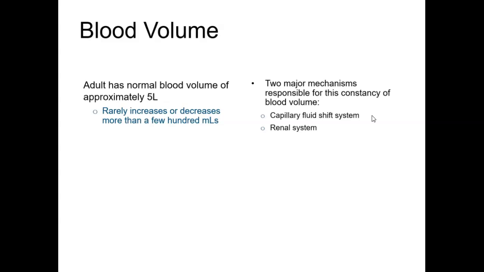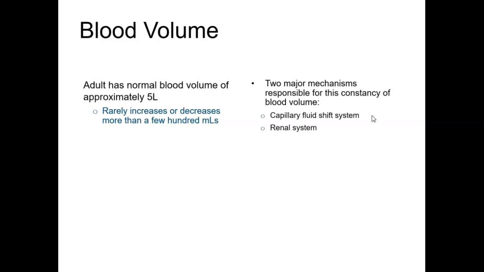And when the blood volume falls, the capillary pressure decreases, and fluid from the interstitial space should get reabsorbed into the blood. Obviously there are limits to the system because tissues can't expand indefinitely. If blood volume gets way too high, the tissues aren't going to be able to take on all of it.